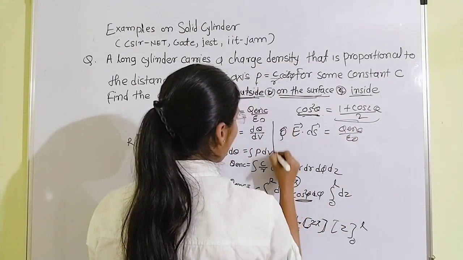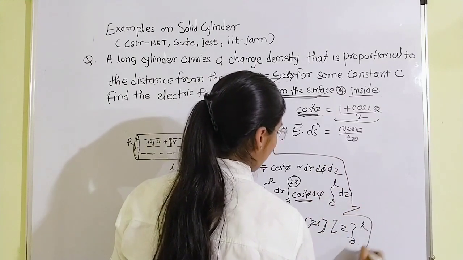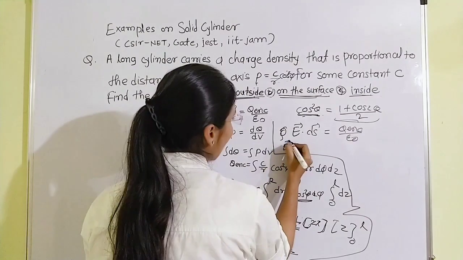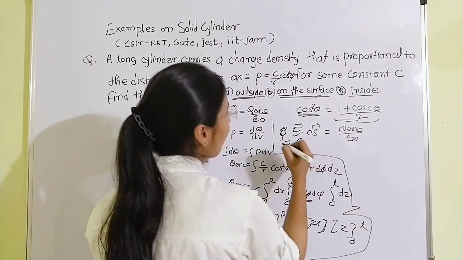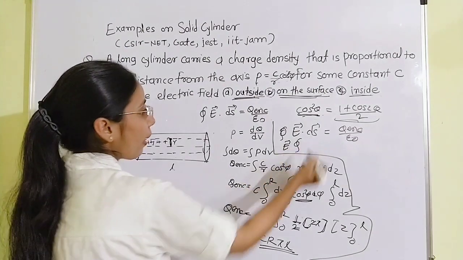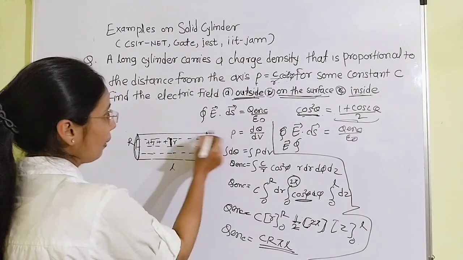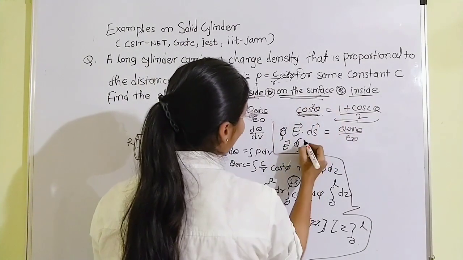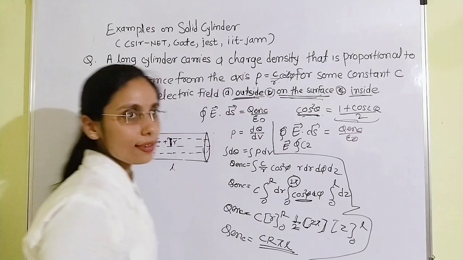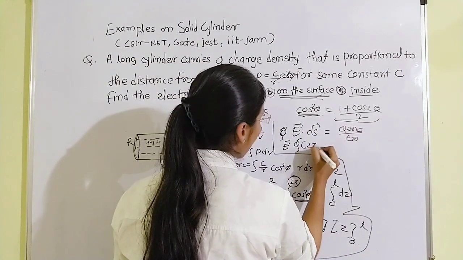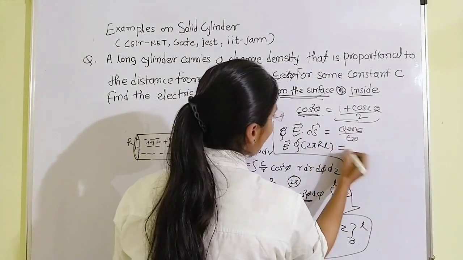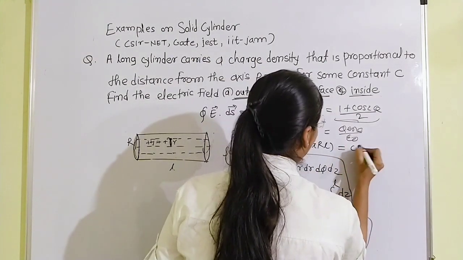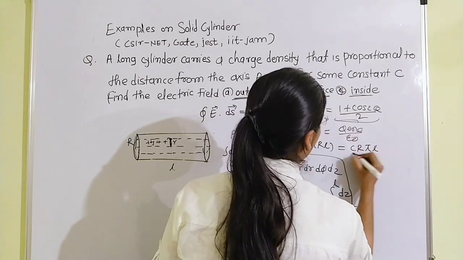So here the electric field is constant, so we will take it outside. The integral of ds bar, ds is the area on the surface, so the Gaussian surface area is 2 pi r l, is equal to, what is the value of q, that is c R pi L by epsilon naught.